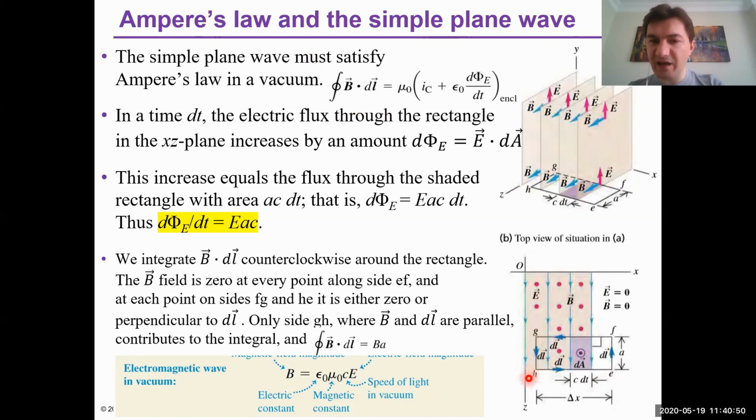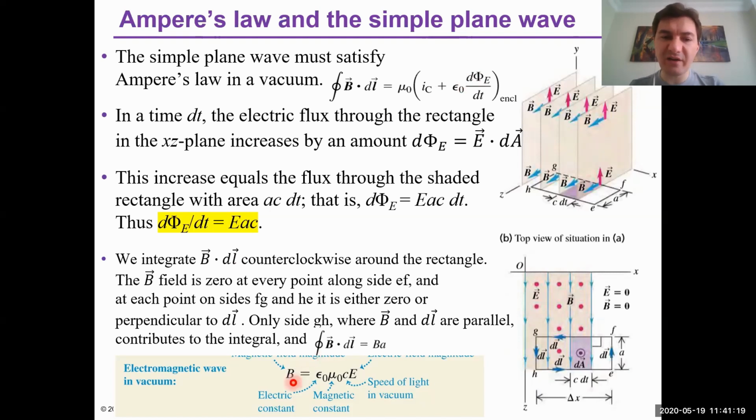between G and H. This is the direction of the dl, this is the direction of the B, then we have B times A, okay? This is the line integral for that closed loop. Just take this BA, put on the left side of Ampere's law, and just take this one, put it there.